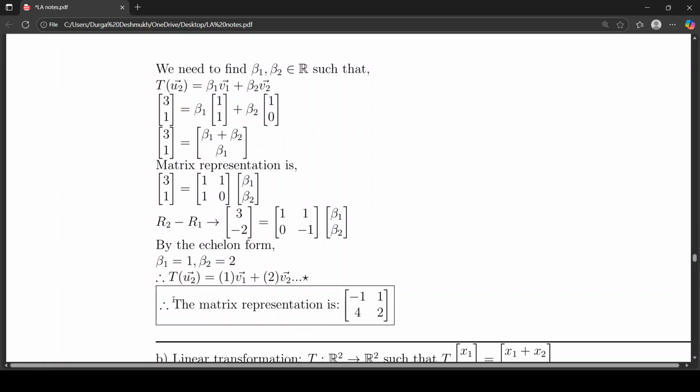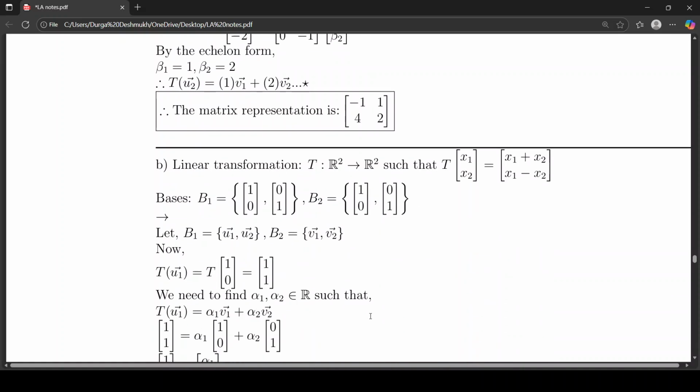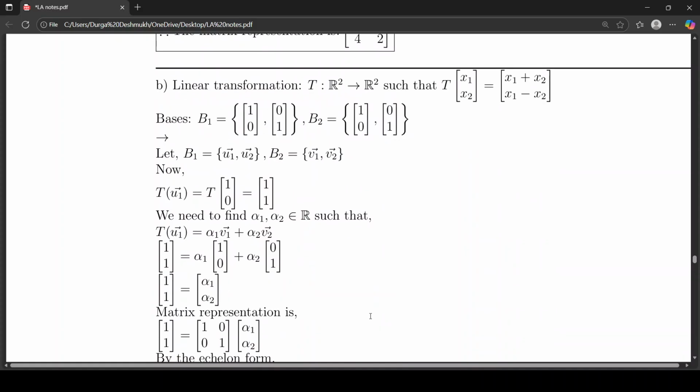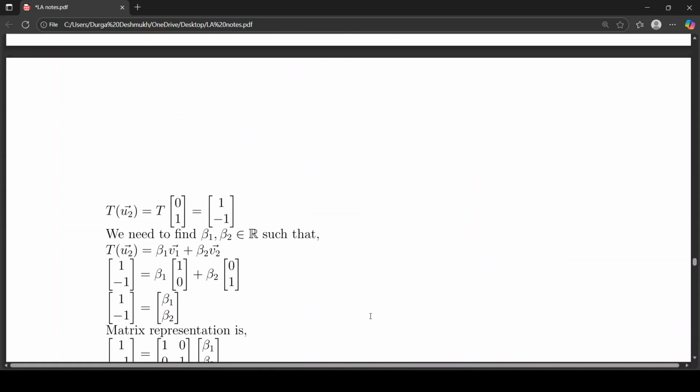Then the final matrix representation is obtained like this. Here this element is alpha 1, this is alpha 2, this is beta 1, and this is beta 2. So the scalars are to be placed in columns, right? Column wise they are to be placed. So this is another example.